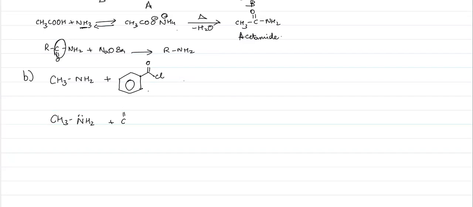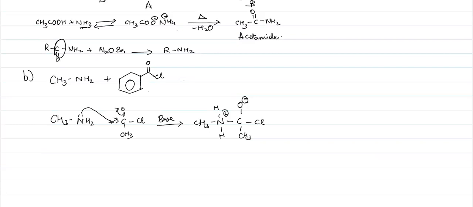Now, when you have a COCl, and let's take a CH3 here, the lone pair of electrons is going to attack this carbon, and this double bond is going to shift upwards, in the presence of a base. This gives us a COCH3, with the nitrogen landing up with a positive charge, because it has NH2 and a carbon atom attached to it. You have a negative charge on the oxygen atom because of the electrons, then you have a CH3 and a Cl. So we have a nitrogen with positive charge and the oxygen with a negative charge.